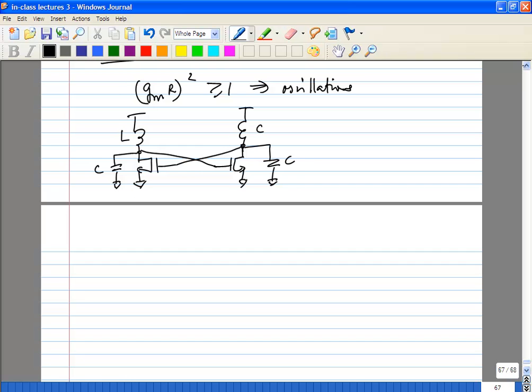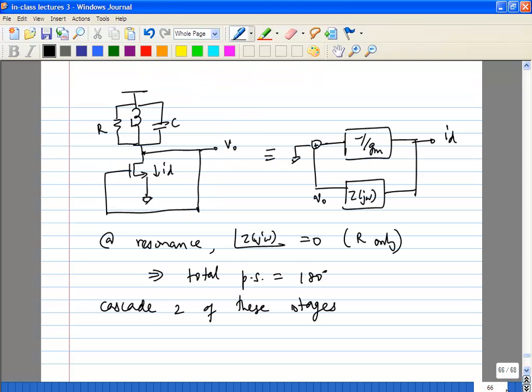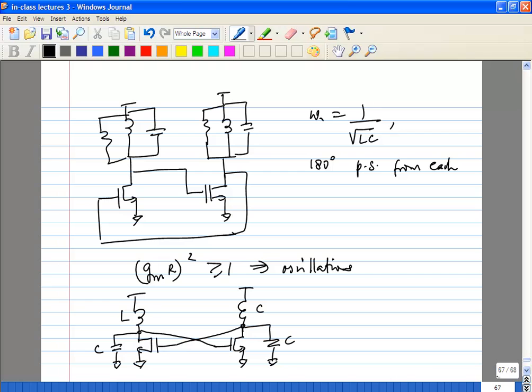This you might have seen in many places; it's just a redrawing of the same thing. What I have done is I have removed the inherent R. You can just assume L and C are non-ideal, there is an inherent R, but I have redrawn pretty much the same thing, slightly differently, that's all. And this is, you could say, the basis for most RF on-chip oscillators, on-chip VCOs.